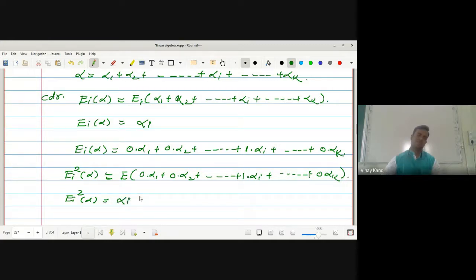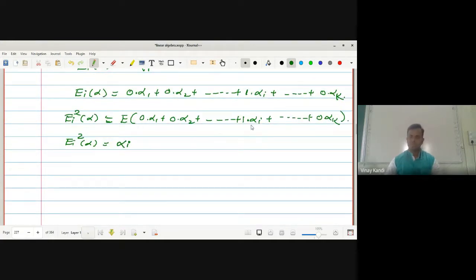Again alpha_i. I keep only this term and make all the others zero, which is equal to E_i of alpha. Hence E_i squared is equal to E_i. Hence each E_i is a projection on V.